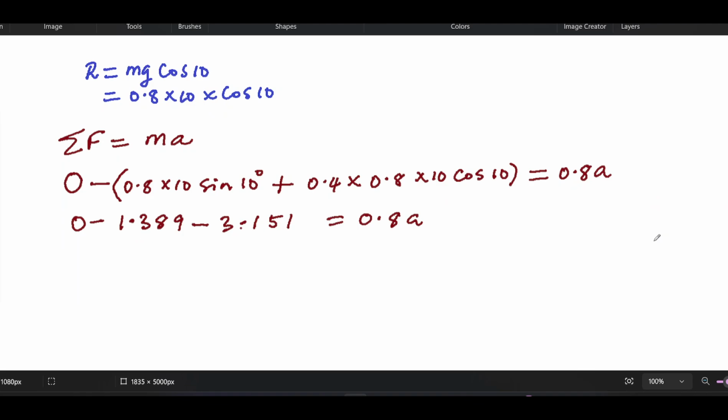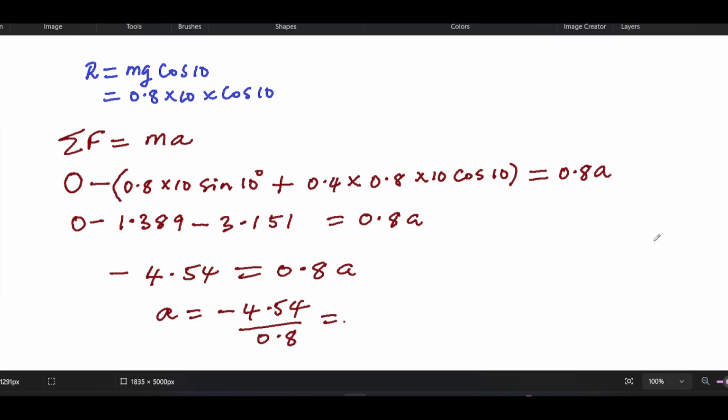Now if I do the sum of these numbers, I will get minus 4.54 as the overall force being equal to 0.8 a, of which if I make a the subject, I will get minus 4.54 divided by 0.8, and that gives me a value of 5.6 meters per second squared.